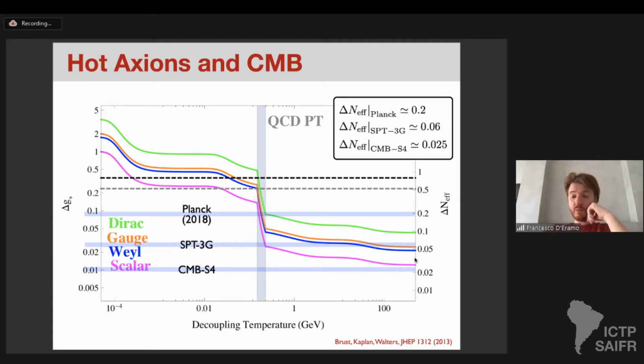So in principle, we could probe this entire situation. And this is the plot for particles that thermalize. It doesn't have to be the case. Axions may also be produced without reaching thermal equilibrium, but you still have them around today. So this is the case where the effect is maximal, and the best you can hope for when the particles thermalize. And by the way, some of these are already excluded, because if you are here, for example, Planck put a bound, which is around 0.2.